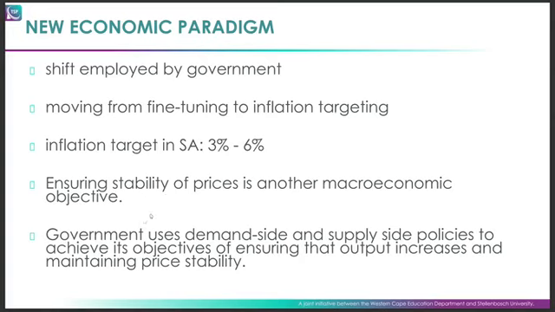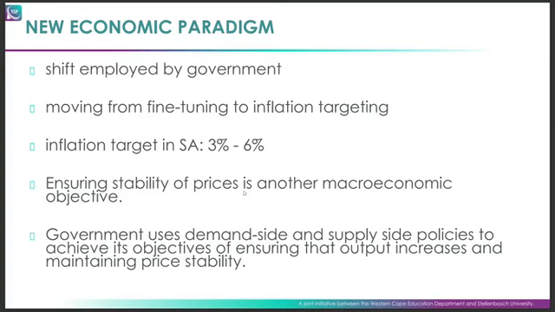So another objective, as I said, of government is the stability of prices. So they need to control the whole inflation situation. And in order to do that, they use the demand side and supply side policies in order to increase the output or get the economic activity going. But at the same time, they want to maintain the price stability.